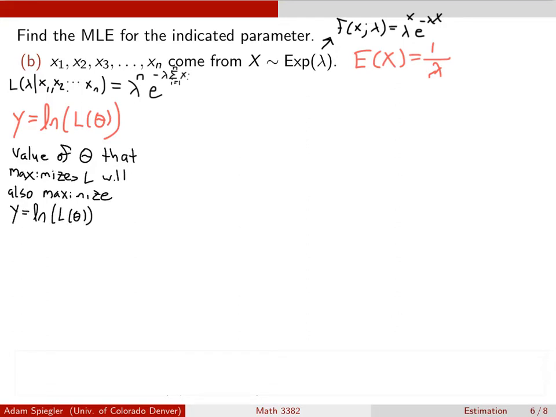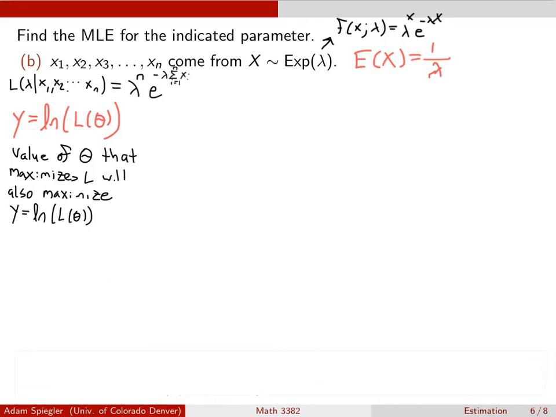Okay, so the natural log is an increasing function. So the larger the thing that I plug into the natural log, the larger the result is going to be. So instead of taking the derivative of L, I'm going to find out what value of theta makes the natural log of L greatest. And that value of theta, therefore, would also be the value that makes L the greatest, since the larger the thing that I plug into the natural log is, the larger the natural log.